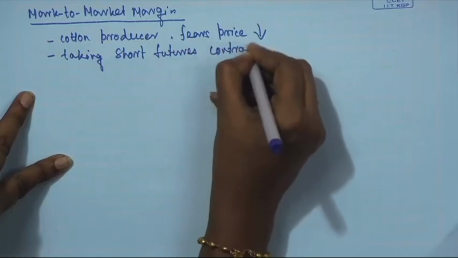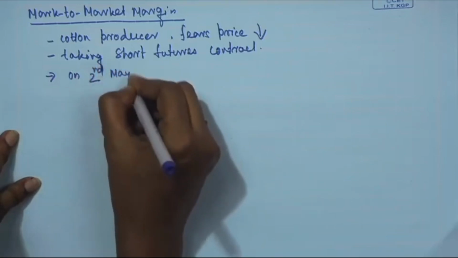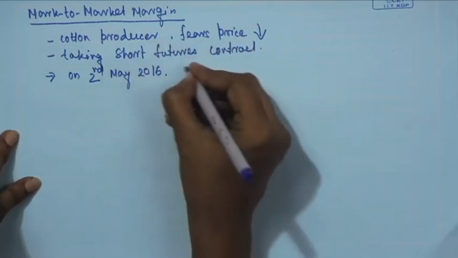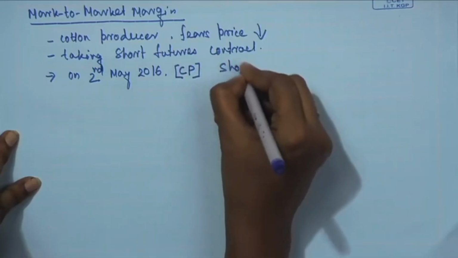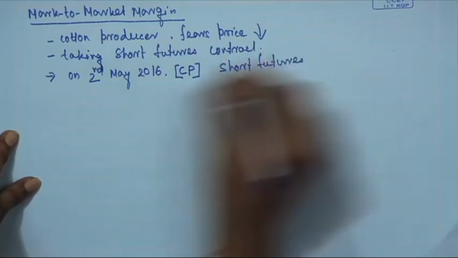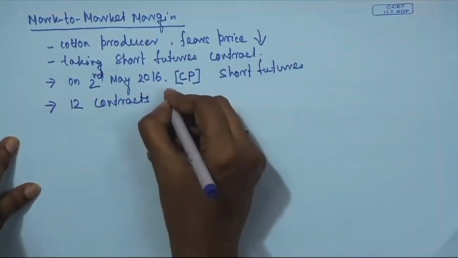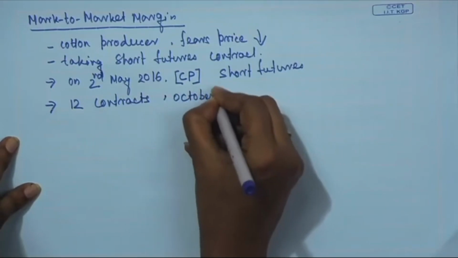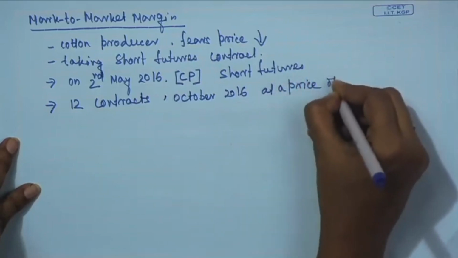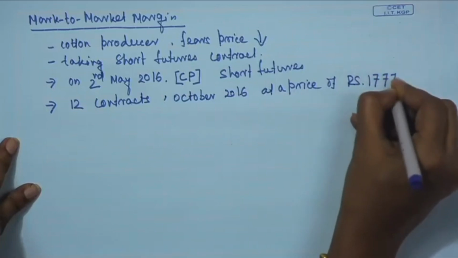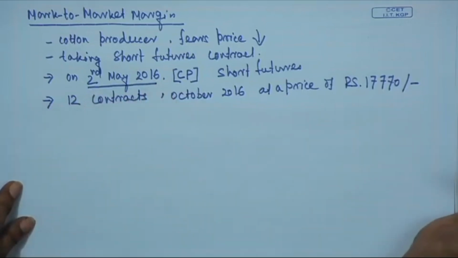Let's say on 2nd May 2016, the cotton producer, let me call him CP, took short futures for 12 contracts for October 2016 delivery at a price of rupees 17,770 per bale. This transaction was undertaken at the commodity exchange on 2nd May 2016.